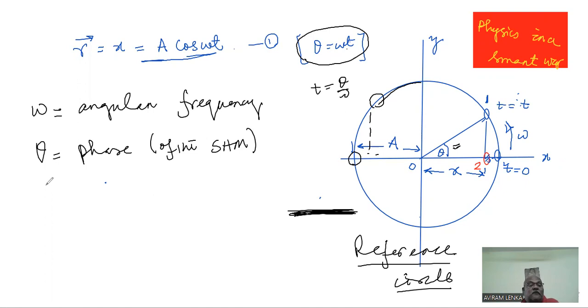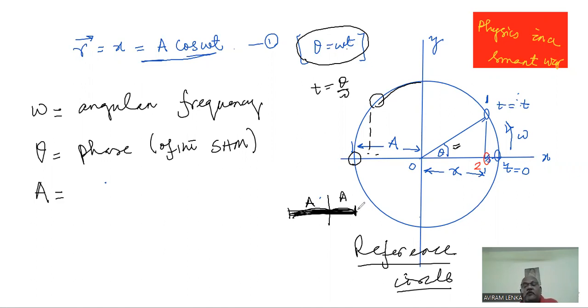Okay. Similarly, if somebody asks you what is A, we know A is the radius of the circle in which the main body moves. But here there is no main body. We know that in case of SHM, there is a midpoint of the motion. That is also known as the force center, but we'll be knowing it later. In case of SHM, from the extreme left to the extreme right, the distance between the extremities is 2a. Or from the center, the body goes to the right a distance a, and to the left a distance a.